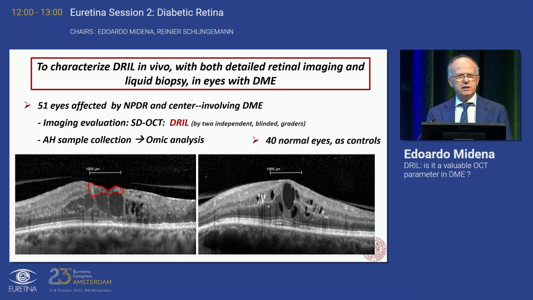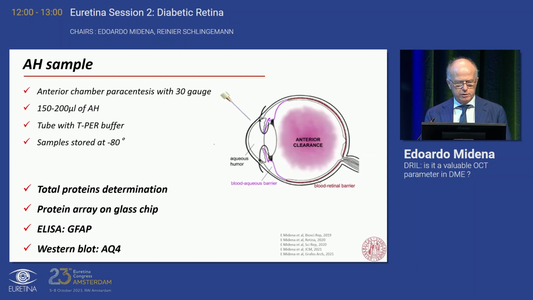We performed a study putting together a group of patients with a DME that we divided by the presence or not of DRIL. We investigated all the OCT parameters in these patients, as is usual in more accurate studies at the moment, but we added something more.